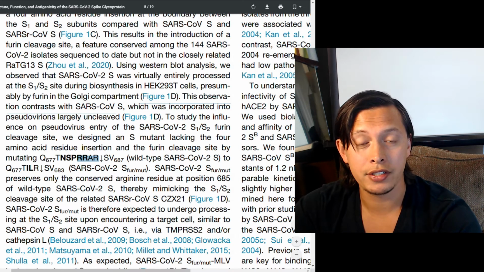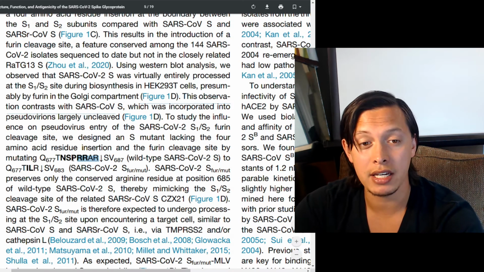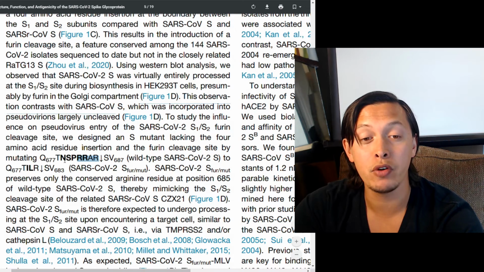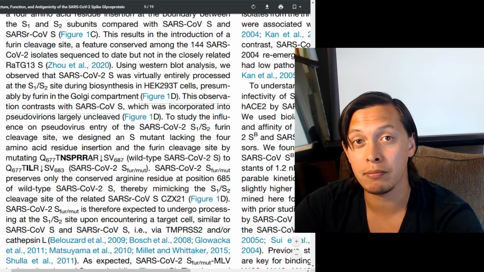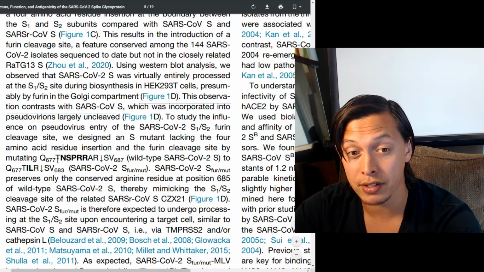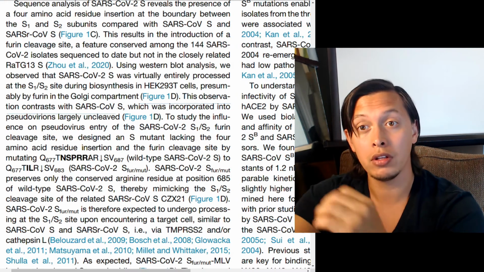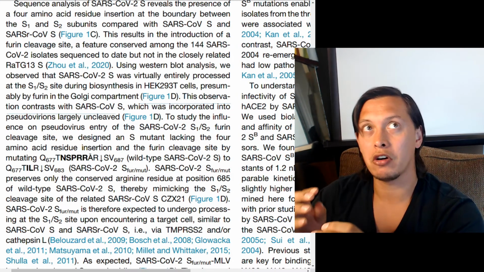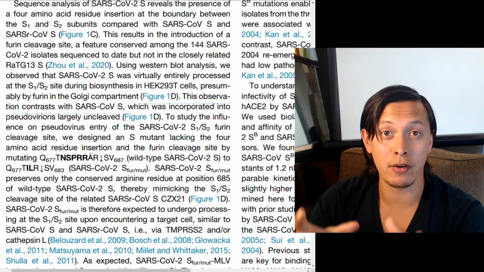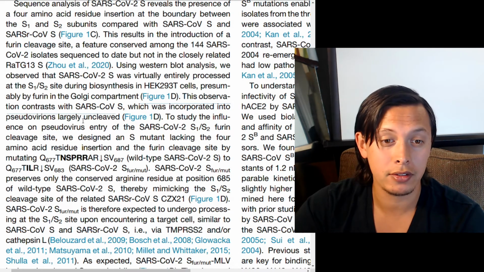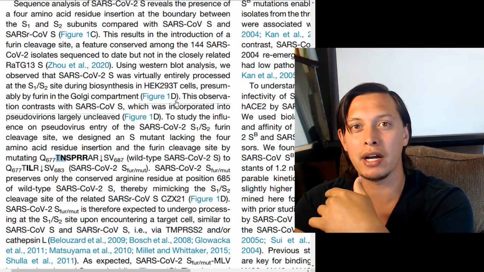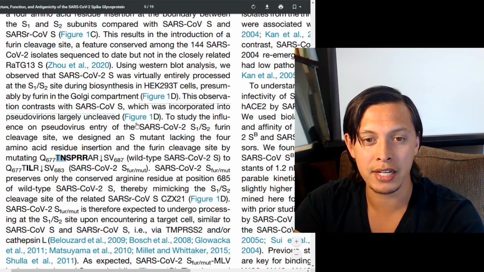So they want to see, by removing this, whether the virus particles that result have whole, long spikes. And as seen by the figure here, it works.